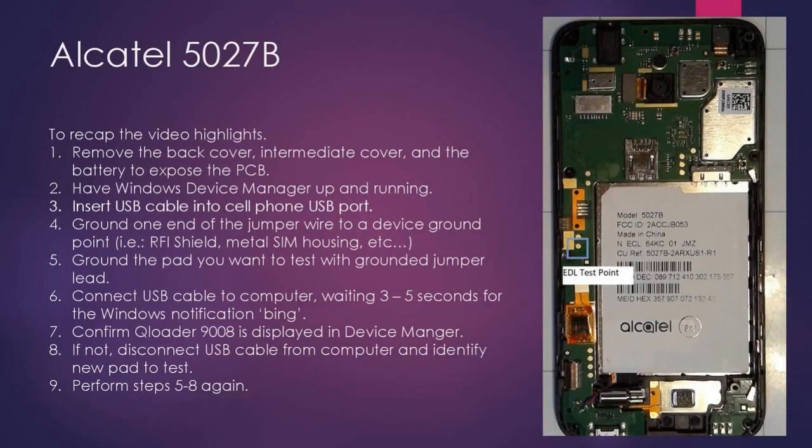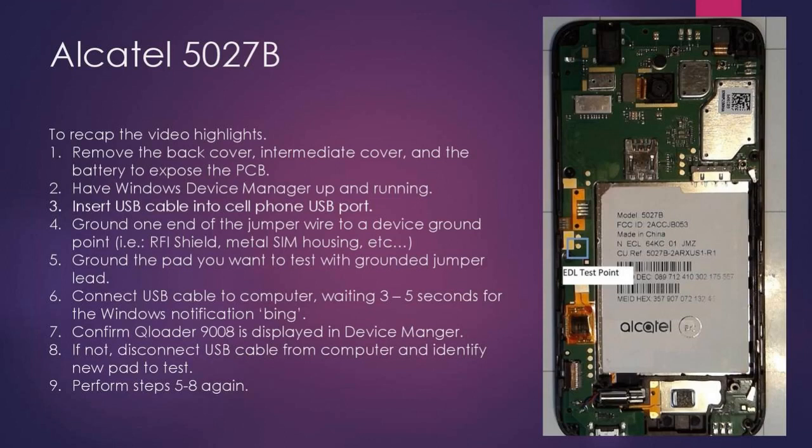To recap the video: you remove the back cover, the intermediate cover, and the battery to expose the printed circuit board. Have your Windows Device Manager up and running in the background. Insert the USB cable into the cell phone USB port. Ground one end of the jumper wire to a device ground point, like an RFI shield, metal SIM housing, etc. Ground the pad you want to test with the grounded jumper lead.